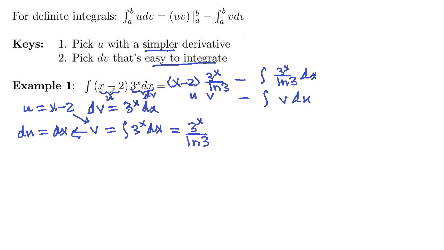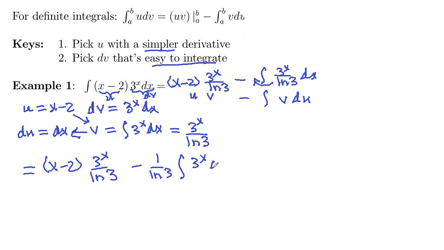We don't have that polynomial out in front. So we can actually factor out the ln 3, and then we'll just be integrating 3 to the x. So in the next step, this will be x minus 2 times 3 to the x over ln of 3, minus, we'll pull that log 3 out in the denominator, and then we've just got the integral of 3 to the x dx.